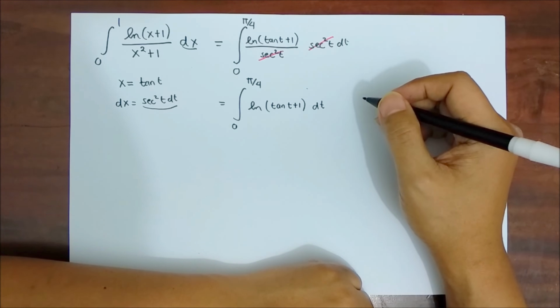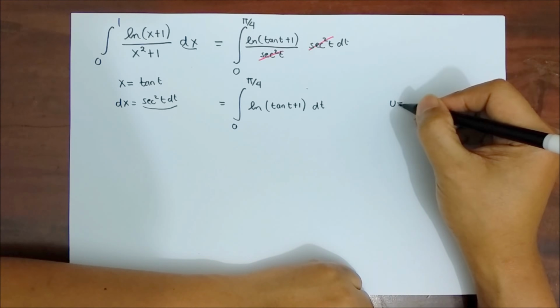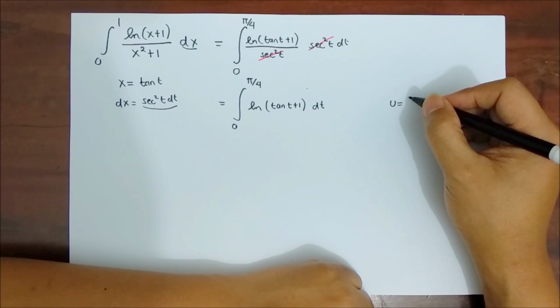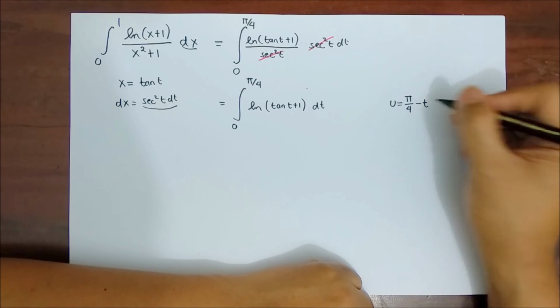To do that, we substitute u equals pi over 4 minus t.